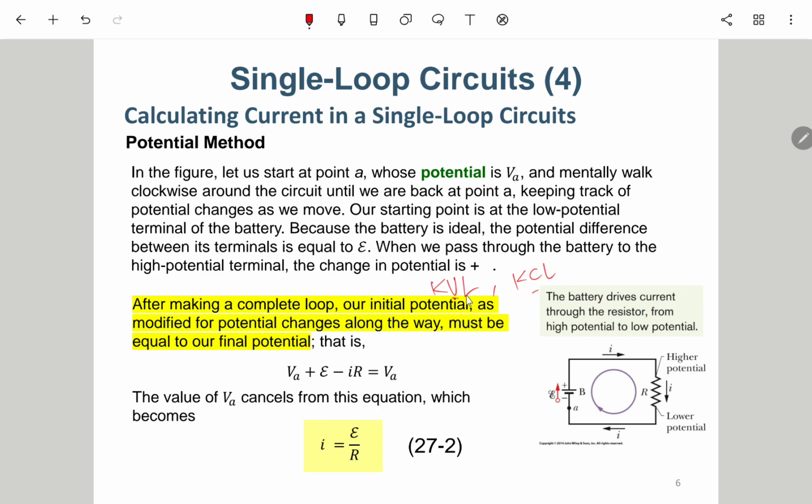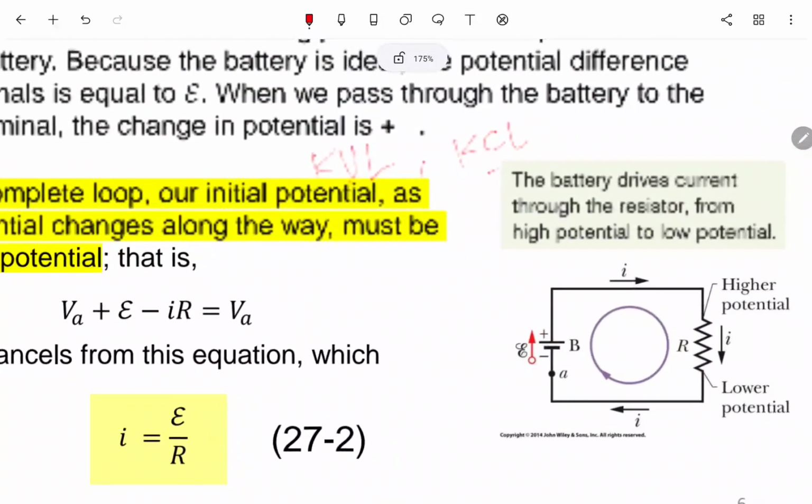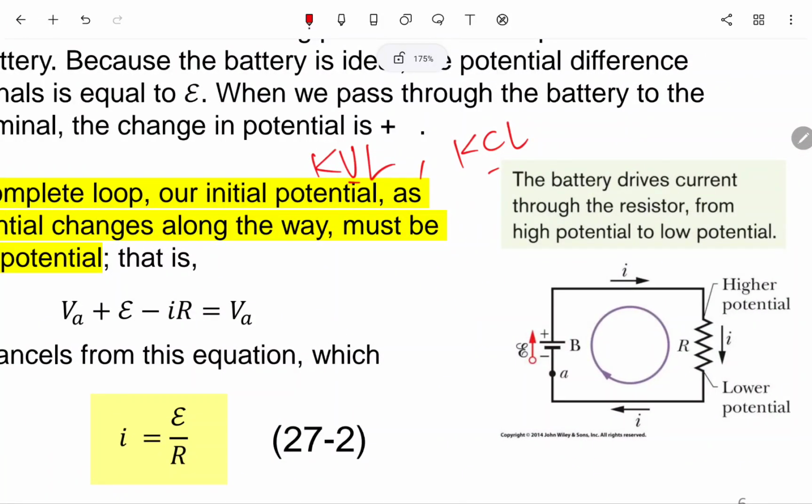We try to use KVL here for this single loop. We can start from an arbitrary point, go through the whole loop, and going back to here, it turns out to be 0. This is what we learned in chapter 24.